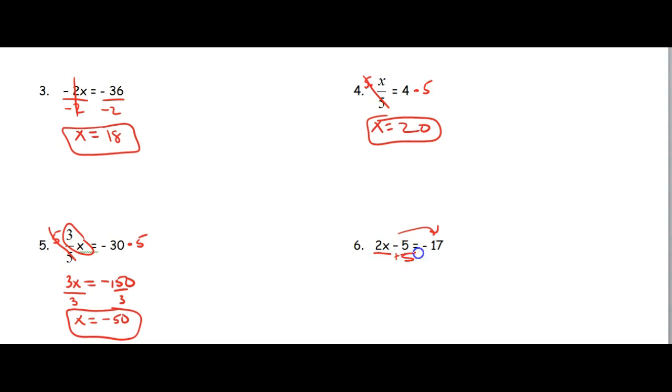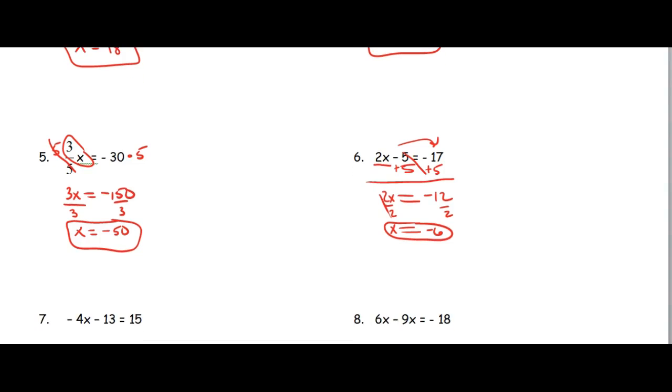So the inverse operation is to add 5. So I add 5 to both sides. Now, these eliminate, and I'm left with 2x equals negative 17 plus 5 is negative 12. Now, how do I get rid of this 2? Since it's linked by multiplication, I divide, and x is equal to negative 6.